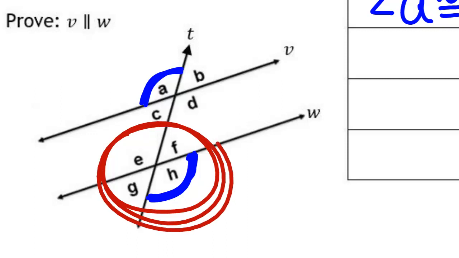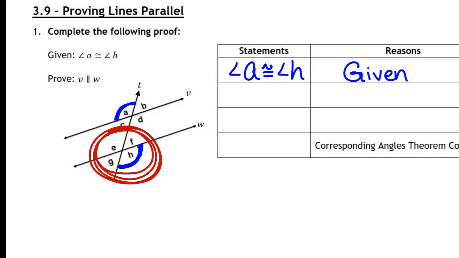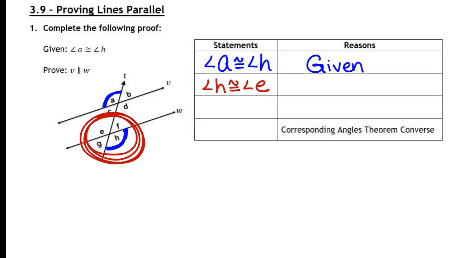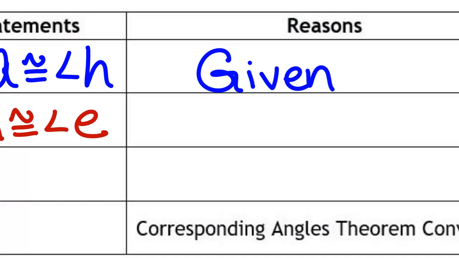Look right down here with me. Is angle H the same size as any of the other angles down there? Which one? Angle E. Angle H is congruent to angle E. Why? Vertical angles theorem.